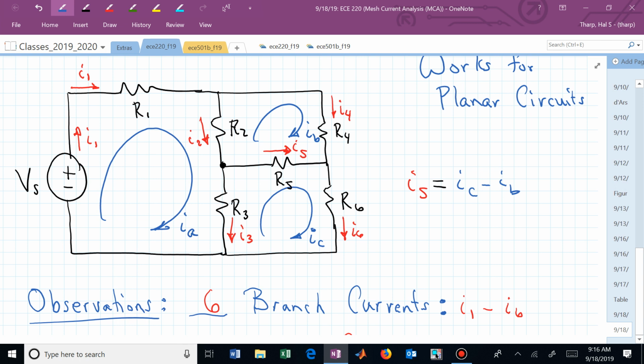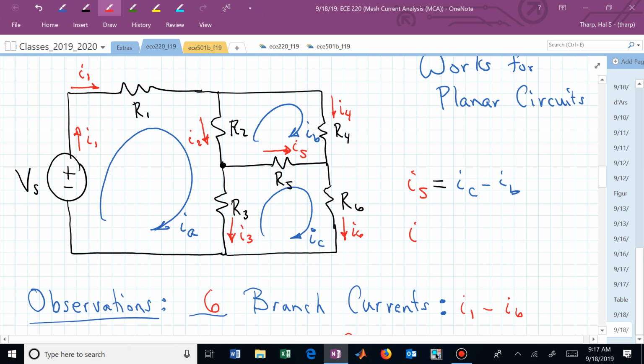In this case, we can solve it with just defining 3 unknown mesh currents. And if somebody at the end says, well, what's the power absorbed by R sub 6? Well, that's easy because it just involves I sub C. But if you now said, what's the power of R sub 3, then you would have to figure out, well, what's I sub 3? Because the power would be R3 times I sub 3 squared.